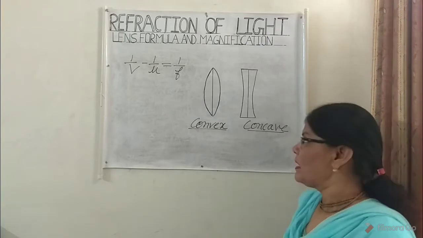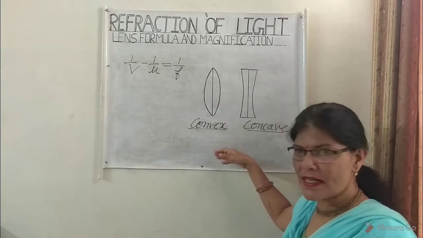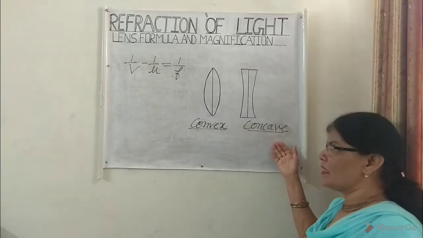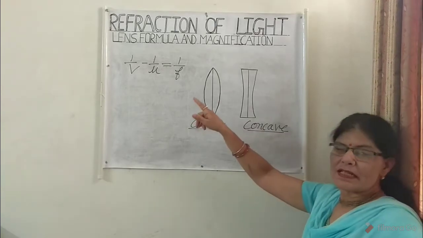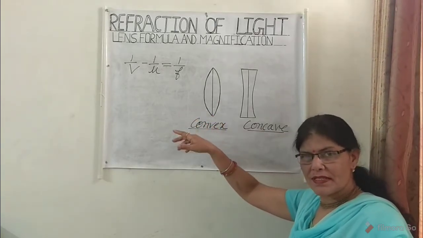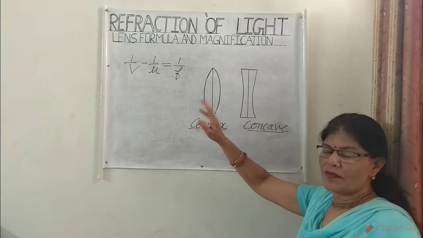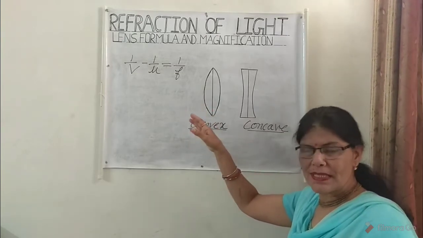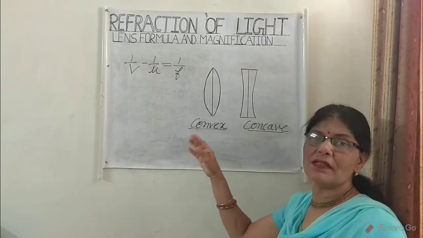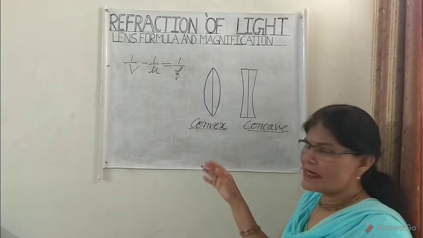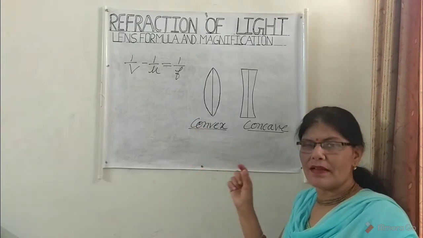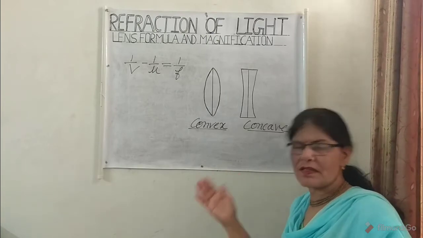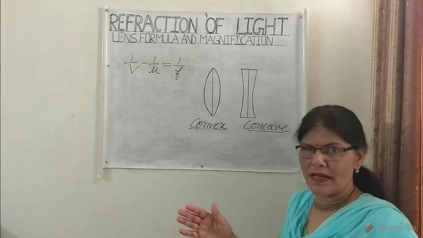Here we have a convex lens and this is a concave lens. v is the distance of the image from the optical center, u is the distance of the object from the optical center, and f is the length between the optical center and the principal focus of a lens.